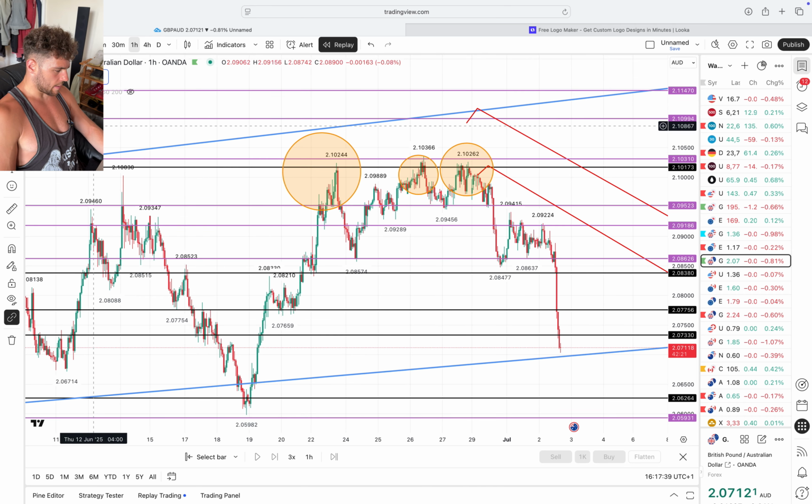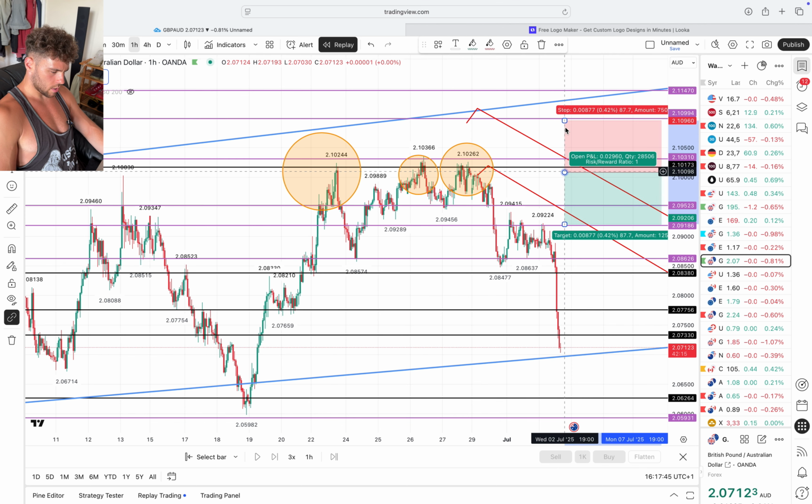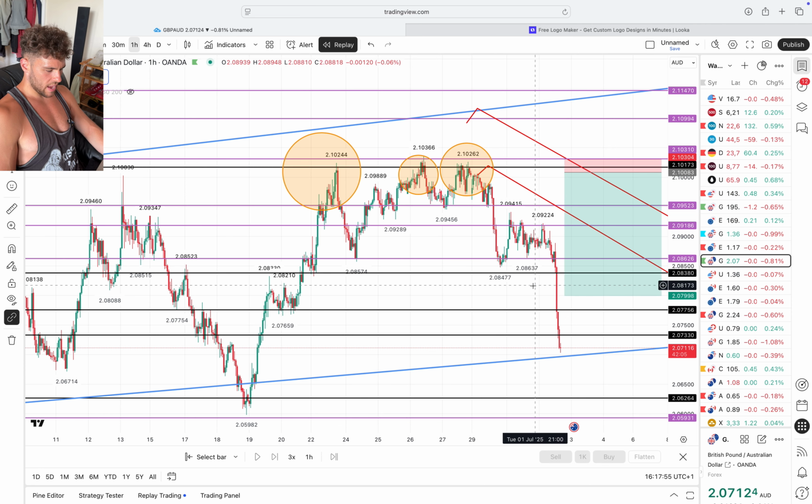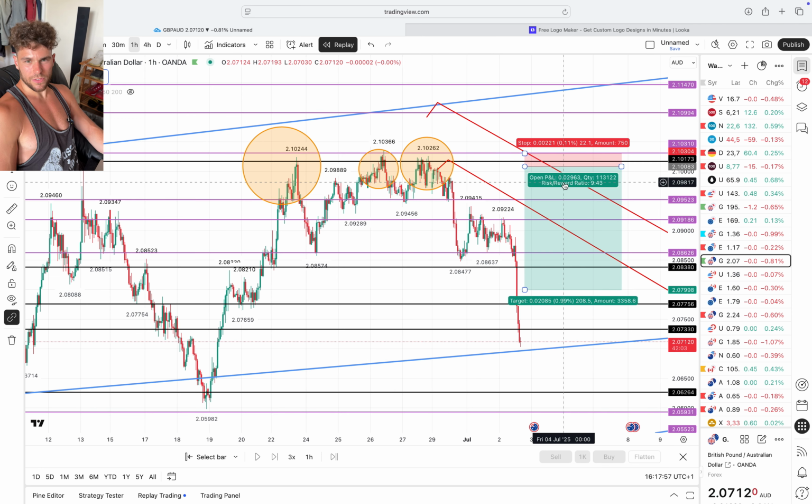I'll pull out the short position tool so we can see. Obviously, I entered a little bit lower here on the close. Stop loss was here. Take profit was at 2.08 flat, so around this level right here. So that ended up being a 9.43 risk to reward ratio trade, which is, can't get much better than that, right?